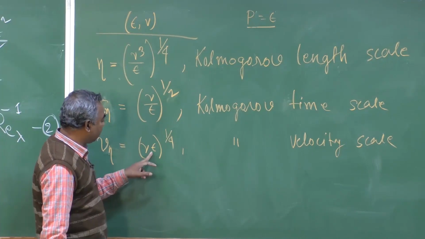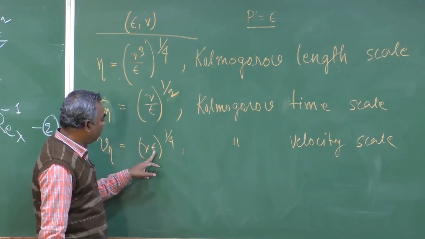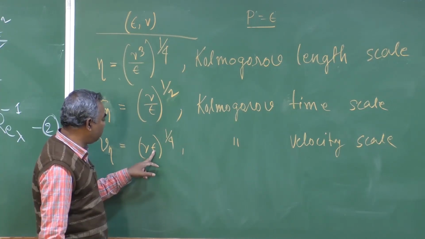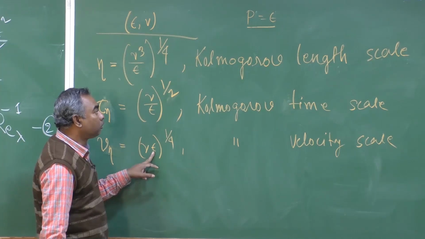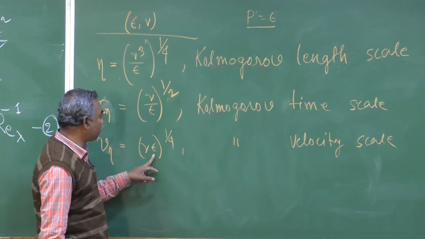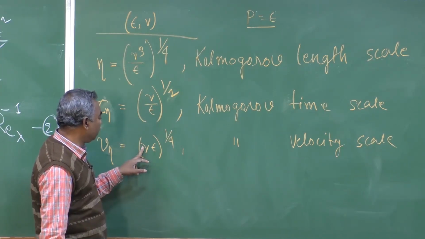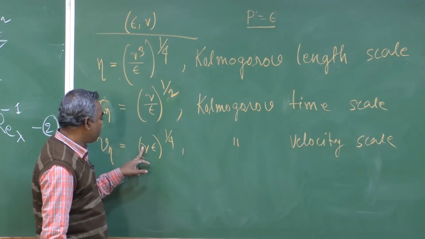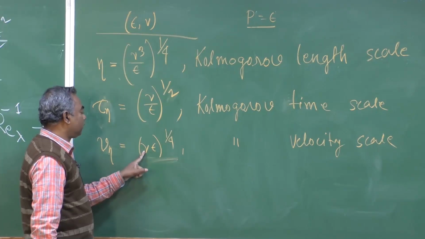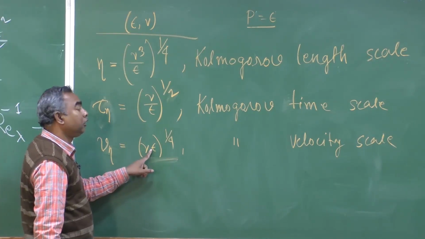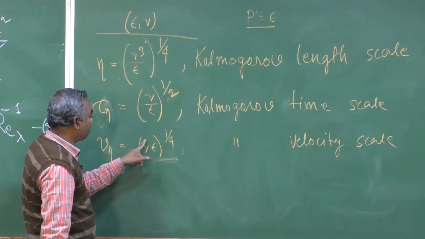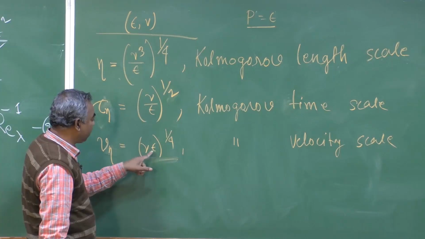Nu is meter square per second, and epsilon is u cubed by L, right. So, u cubed by L means meter cubed per second cubed divided by meter, so meter square per second cubed. So, you see what is happening: length to the power 4 divided by time to the power 4.